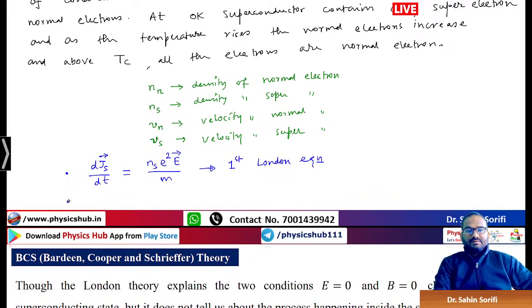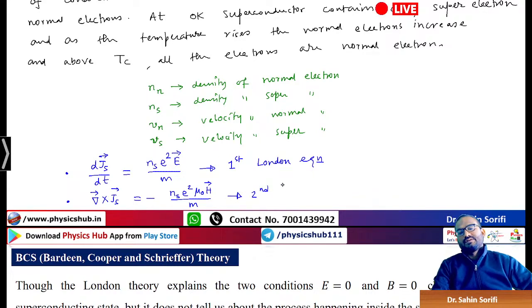And another equation we have, curl of Js equals minus ns e square mu naught H by m, where m is the mass of the electron.